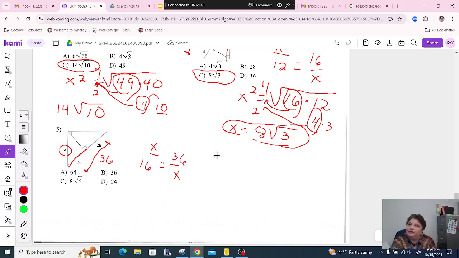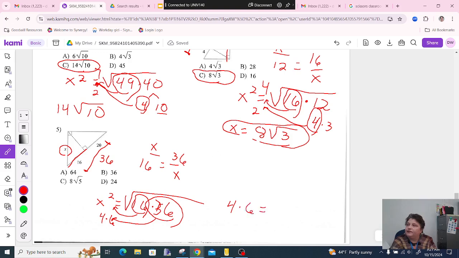Again, I'll probably be smart because aren't those both perfect squares? So wouldn't it be easier that when I take the square root of this, the 4 comes out and the 6, and you multiply those. So you take the square root of 36, and that'd be the 6, and multiply 4 times 6 is 24.